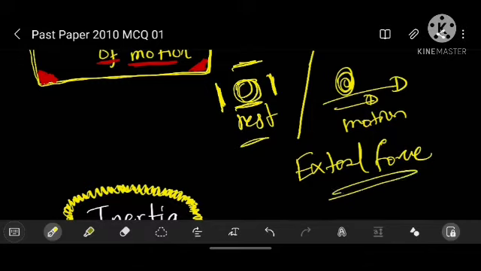Which means objects tend to keep on doing what they are doing unless they are disturbed.